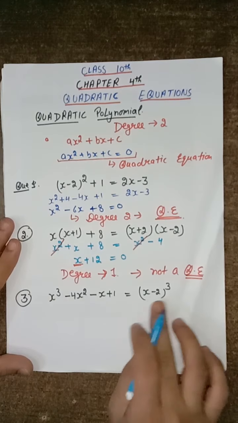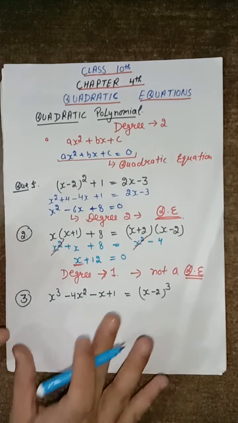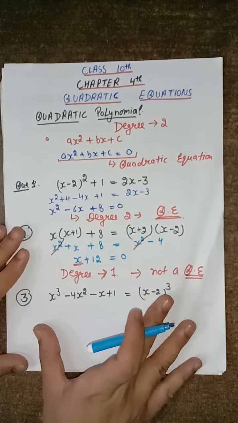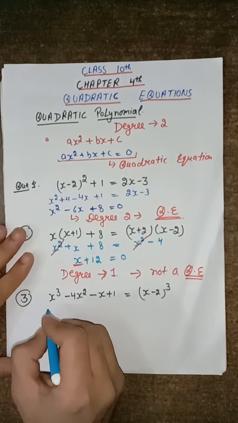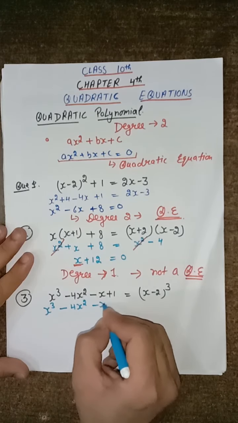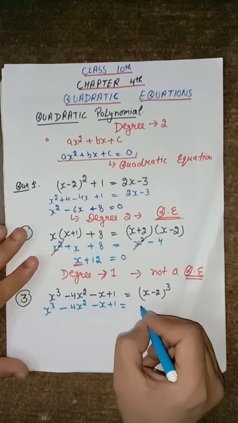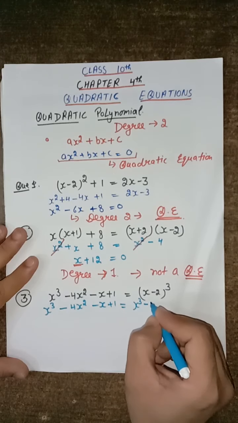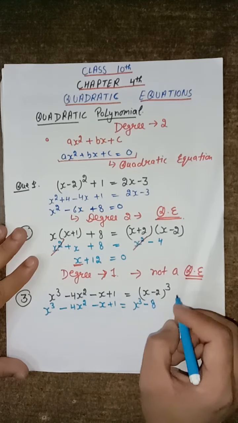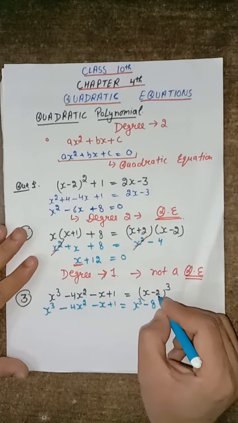First elaborate this. First simplify this (x minus 2) whole cubed and write it in a very simple form, then find out the degree. For example, here x cubed minus 4x squared minus x plus 1. This is (a minus b) whole cubed, so a cubed minus b cubed minus 3ab squared, and so on.